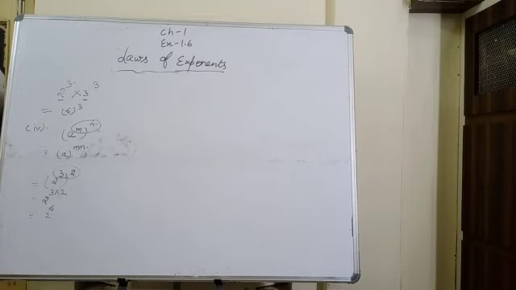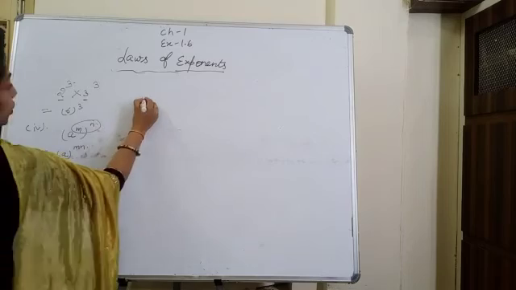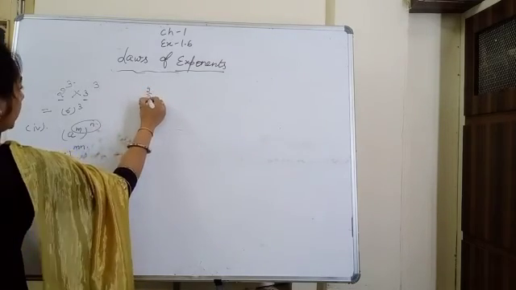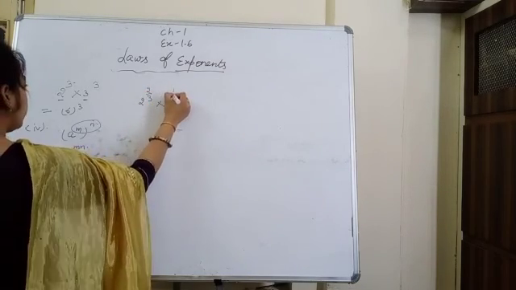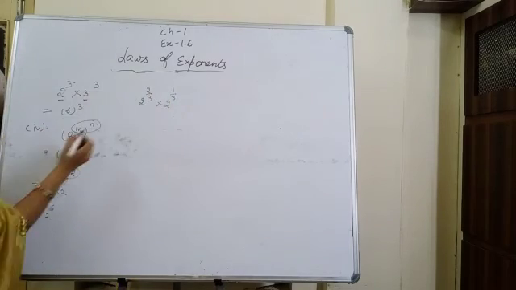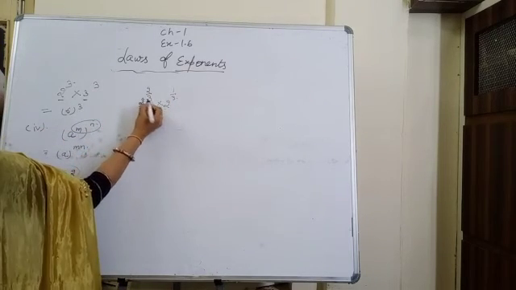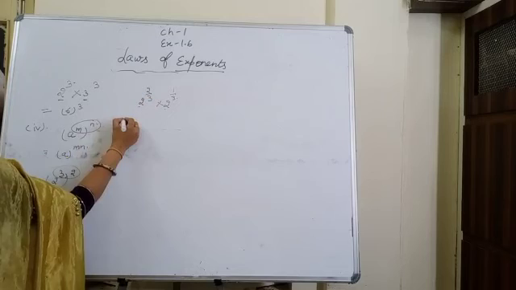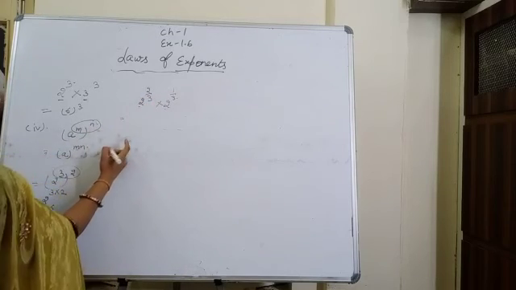Now come to the exercise. Here we will do one example. Suppose we have given here 2 raised to power 2 by 3 multiply 2 raised to power 1 by 3. I have told you if base is same, power is different and we are multiplying, then both powers will be added.